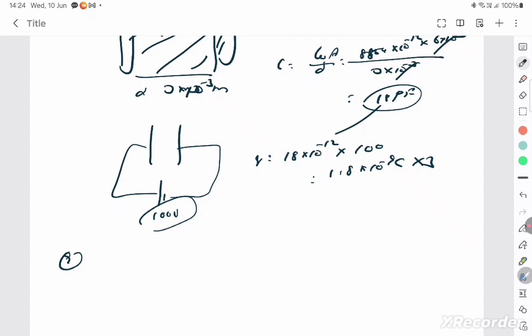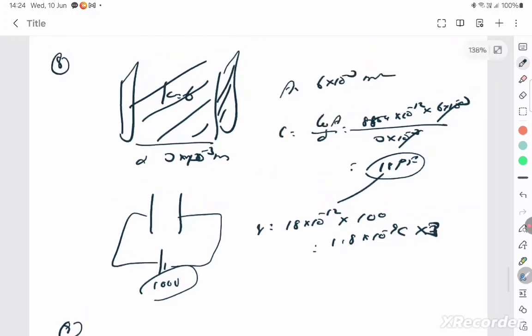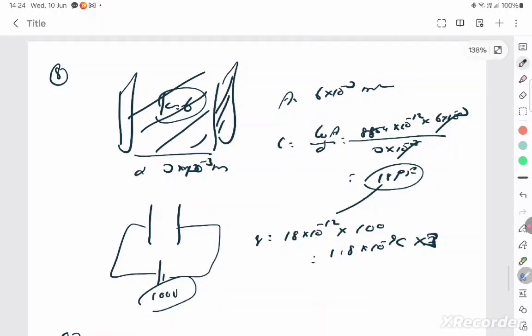What are they asking? While the voltage supply remains connected, you know that anyway when you insert a dielectric medium, the capacitance just gets multiplied by K. So the new capacitance is 18 picofarad into 6, which is 108 picofarad after inserting.